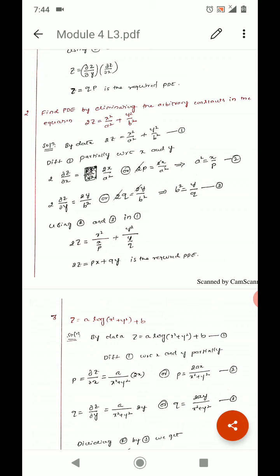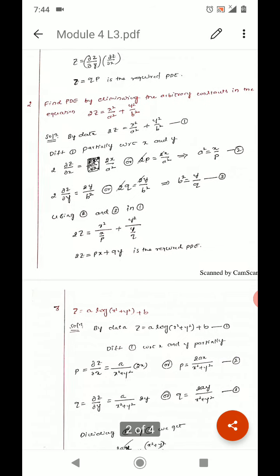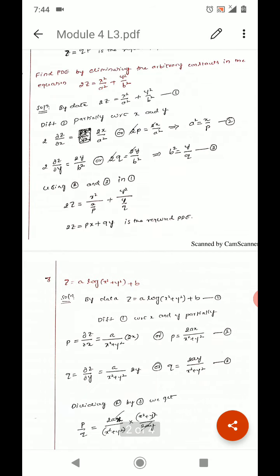Now substitute the values of a square and b square in the given equation 1. We get 2z is equal to x square by x by p plus y square by y by q. So solving this, we obtain 2z is equal to px plus qy, which is the required PDE.